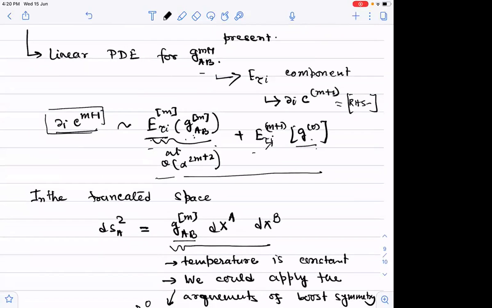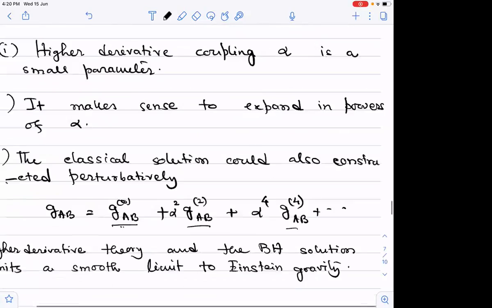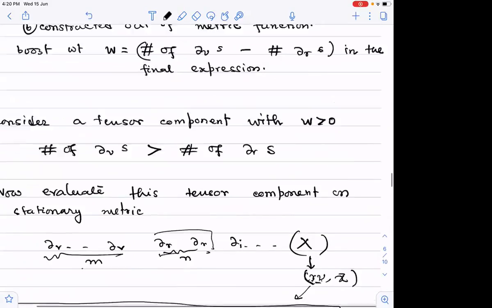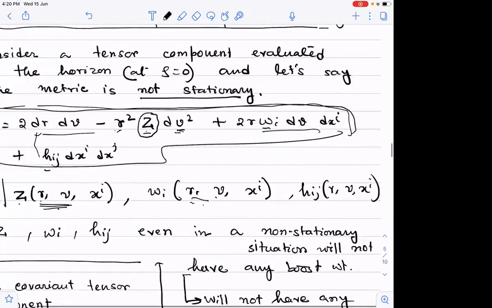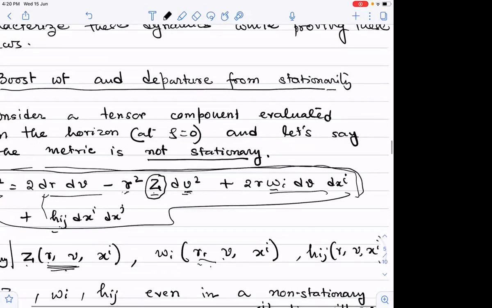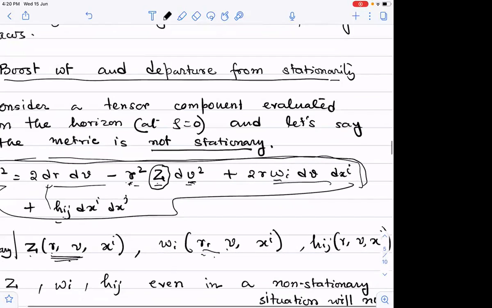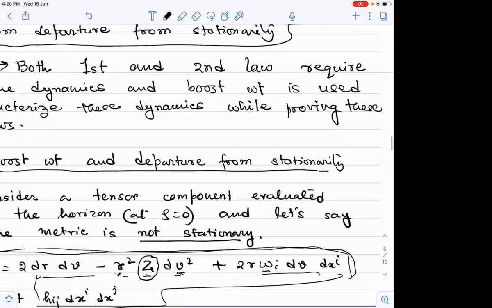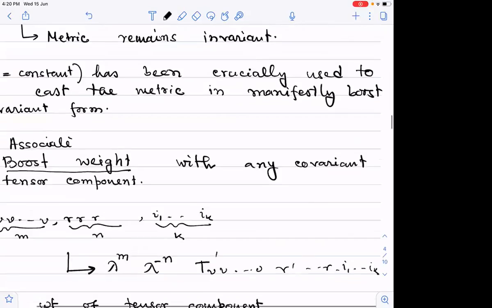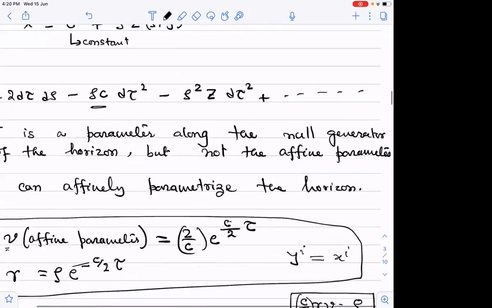Boost invariance is complete boost invariance you are saying in a stationary metric, right? Yes, exactly. There are 2 types of boost invariance. One is this R and dV square coupling. That will be maintained even if C is not a constant. Yes. But in a stationary metric, Z being a function of R times V, that will not be true if C is not a constant, because you see this coordinate transformation.